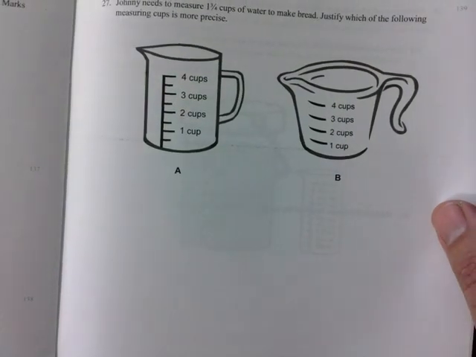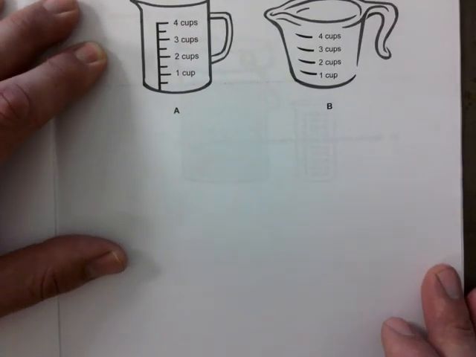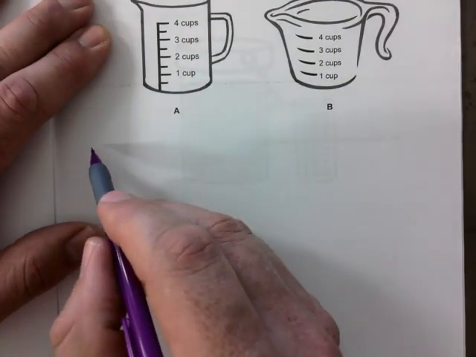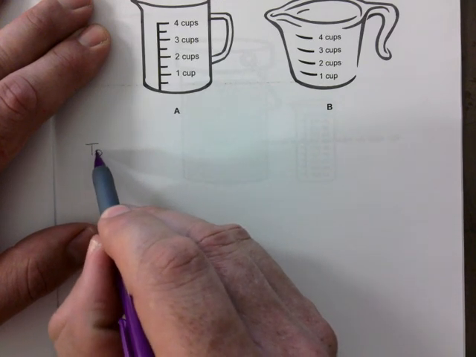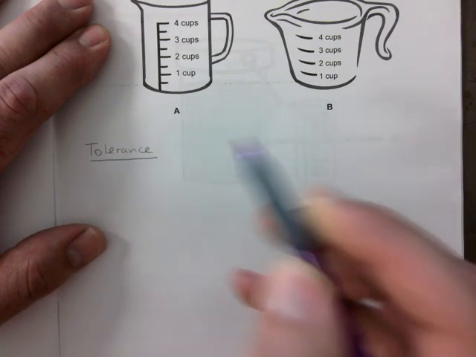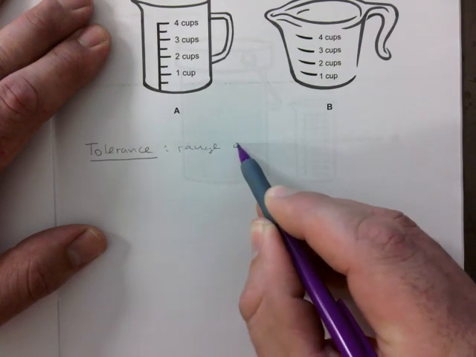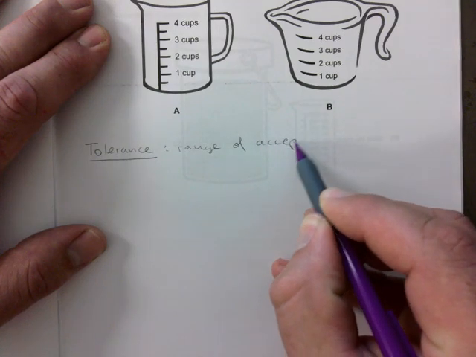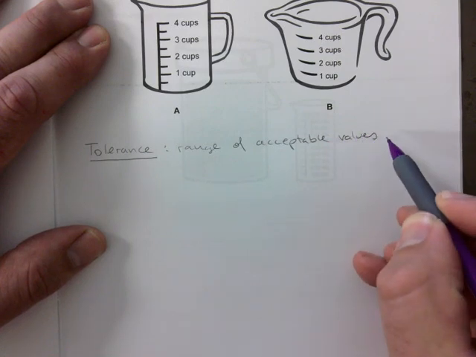I'm just looking for the best spot to do this, and I will do this on page 28, okay? So one thing that I need you to remember when it comes to tolerance: it is the range of acceptable values, okay?